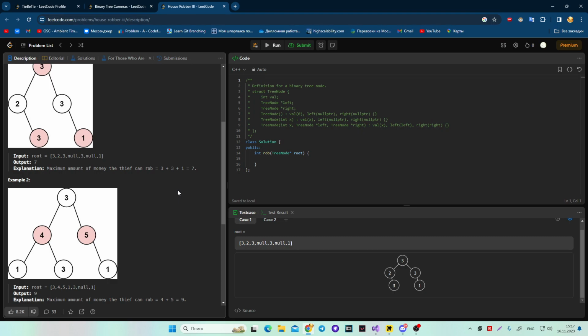So, what can we do? We can use some kind of the pair.